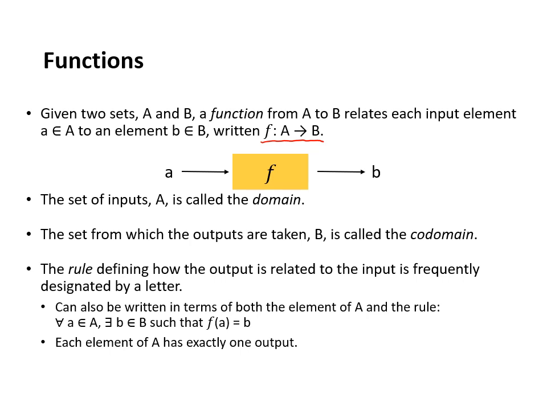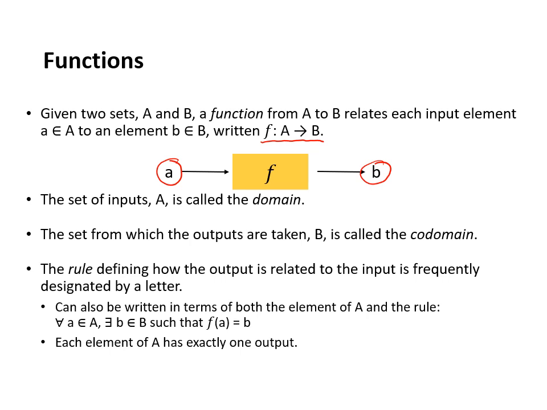As this little diagram illustrates, F takes A and maps it into B. This set of inputs A is typically called the domain, and the set from which the outputs are taken, this set B, is called the codomain.